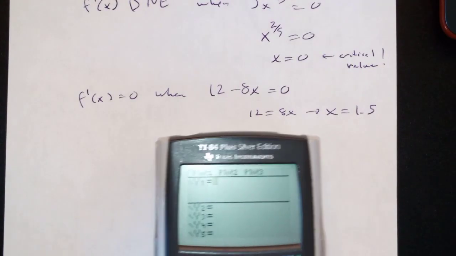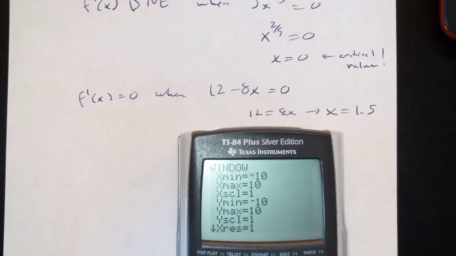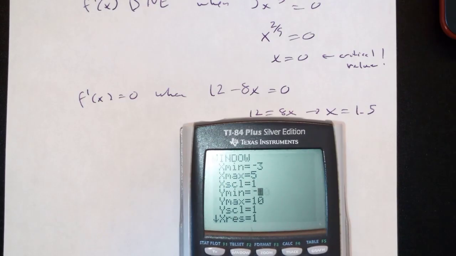Let's check. X to the 3/5 times 4 minus x. I'm graphing the original function. Since I'm only looking around 0 to 2, let's change the window. And I really don't care about very many negative numbers. We'll look at a small window in x, and we'll look at a similarly small window in y, minus 5 to 5.